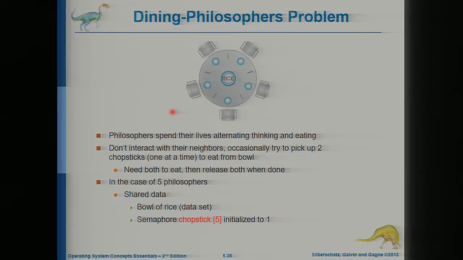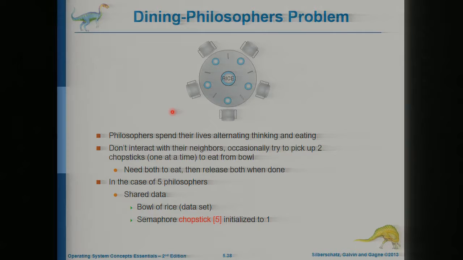Philosophers spend their lives alternating between thinking and eating. They don't interact with their neighbors. Occasionally they try to pick up 2 chopsticks, one at a time, to eat from the bowl. They need both chopsticks to eat, and then release both when they are done.